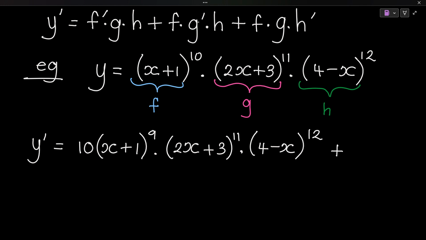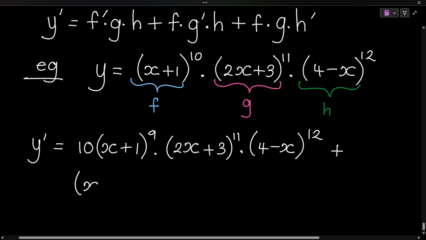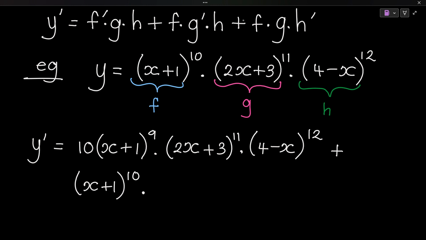In our second term, we're now going to differentiate g. So we can keep the first bracket as is, (x plus 1) to the power of 10. Now differentiating the second bracket, we're going to have 11 times the coefficient, which is 1. 11 times 1 is 11, and we are going to minus 1 from the exponent.